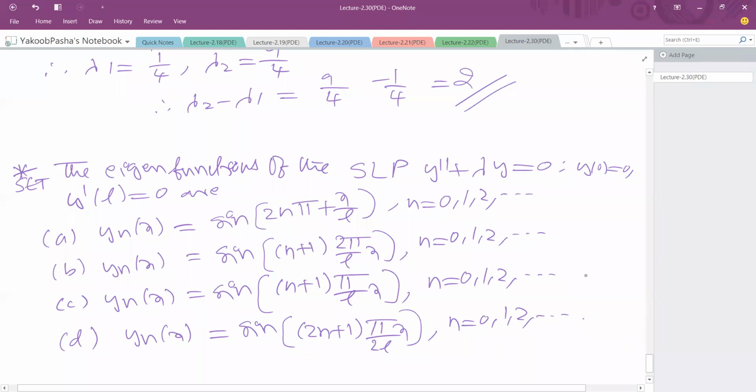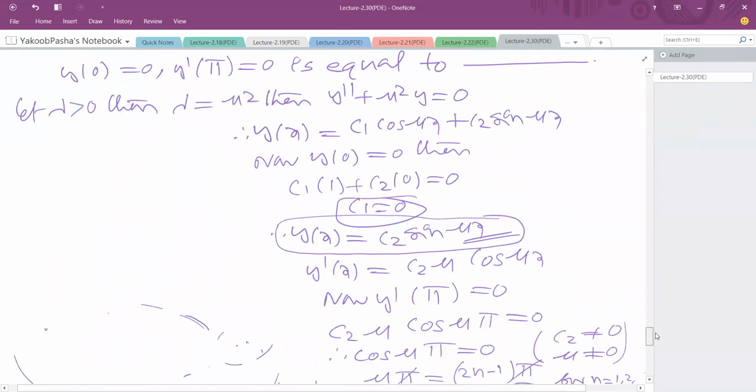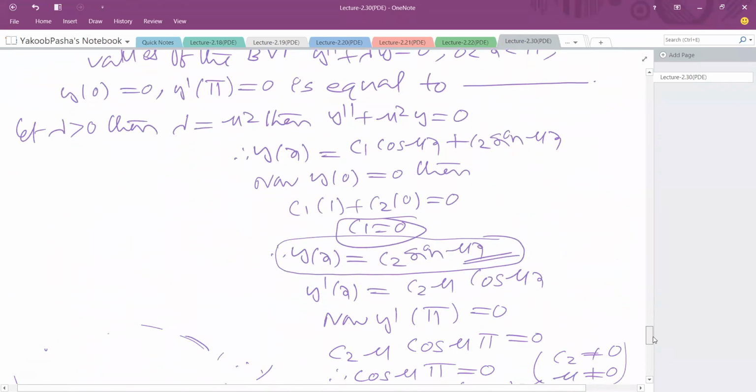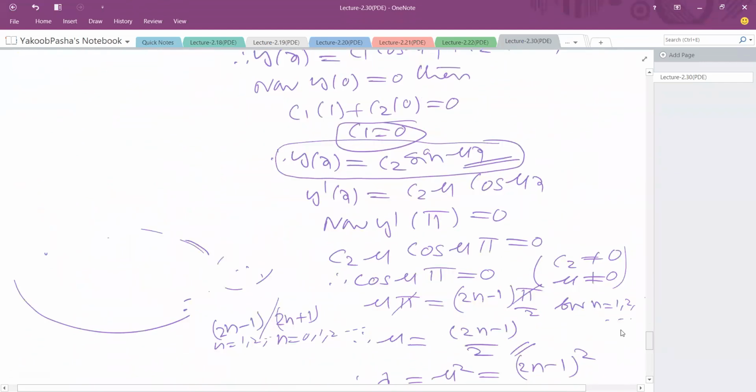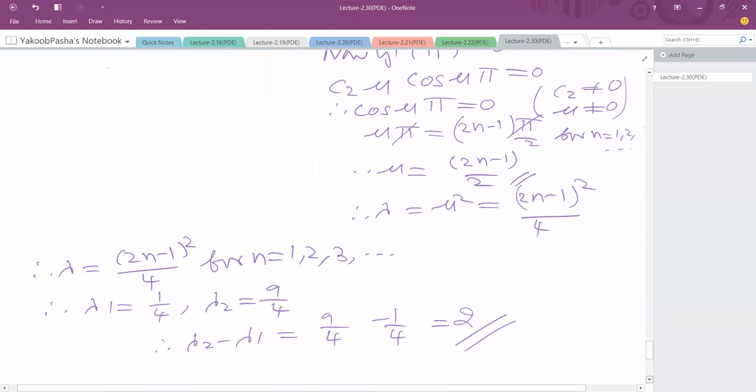We have two boundary conditions, y of 0 equal to 0 and y dash of L equal to 0. Look at the previous problem, where y dash of pi equal to 0. In this case we are taking only lambda positive values, so we have to consider only positive values here.